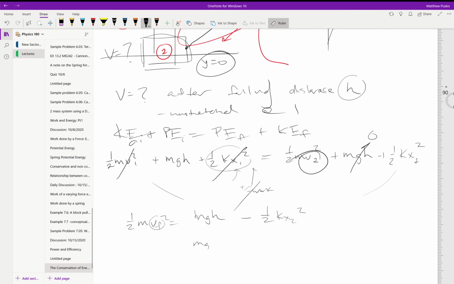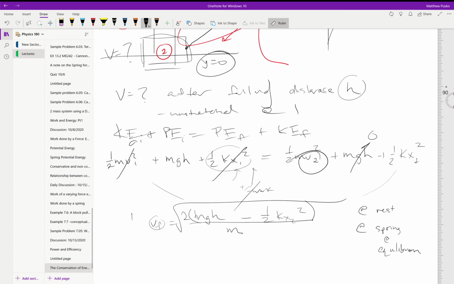I get mg, I'm just going to do it on here, divide by m, multiply by 2, and then we would square root it. So there's your final velocity for a problem that was initially at rest, the spring was at equilibrium, and we wanted to know the velocity after it fell some h.